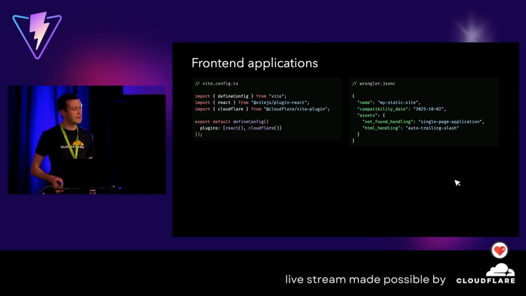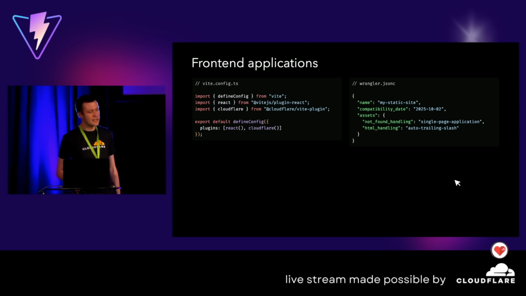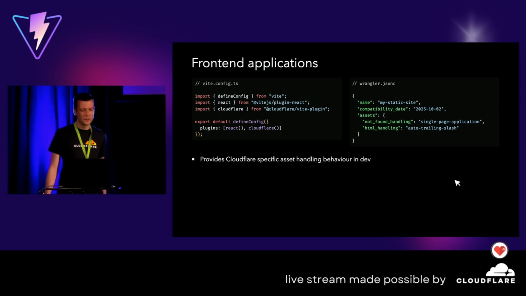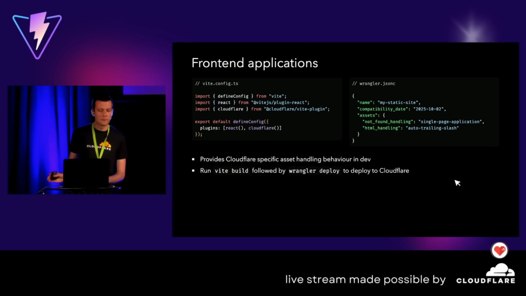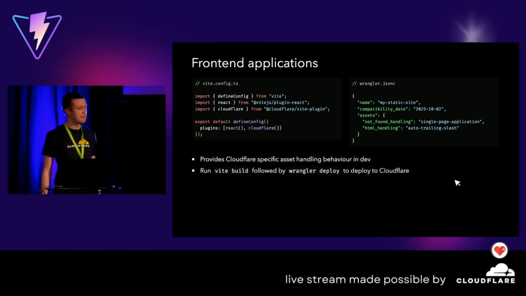I've got the not found handling set to single page application. I set the HTML handling to auto trailing slash. And this means that behavior is exactly the same. It gets written into configuration when you actually come to deploy your app, and you don't have to configure and figure out that stuff separately. So yeah, you can also just run Vite build followed by Wrangler deploy, and it just deploys it to Cloudflare. Very, very easy.